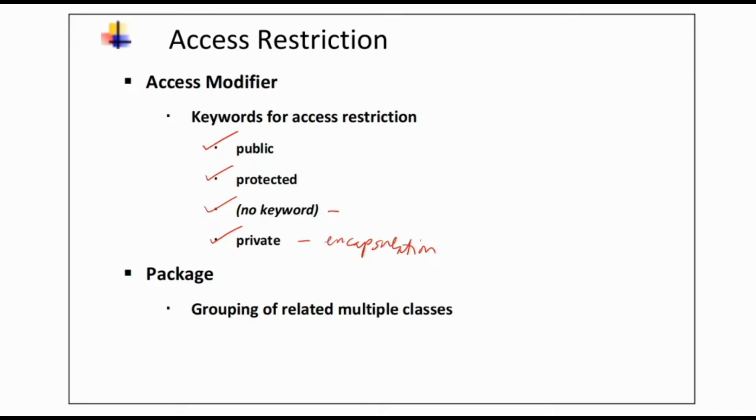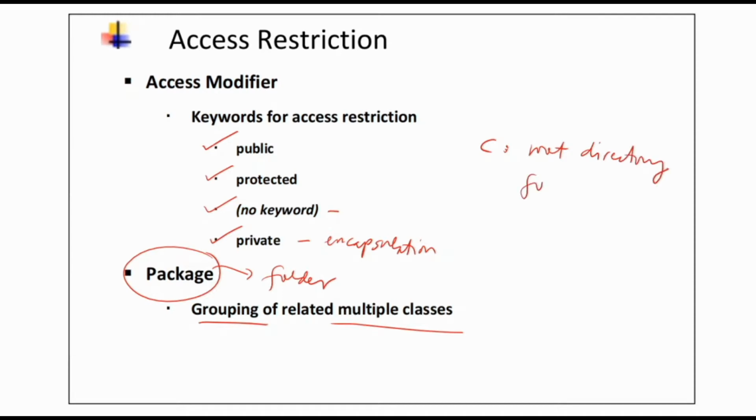Now, a package is simply like a folder where you are going to store Java classes, and this is a grouping of related multiple classes. So just like in your Windows Explorer, you have this one as the root directory, and then we have here folder 1. Under drive C, you have folder 1.